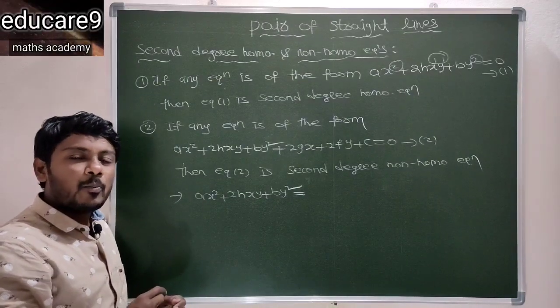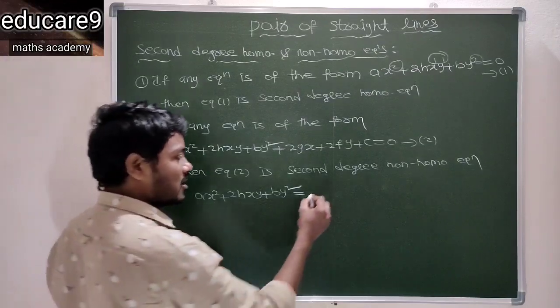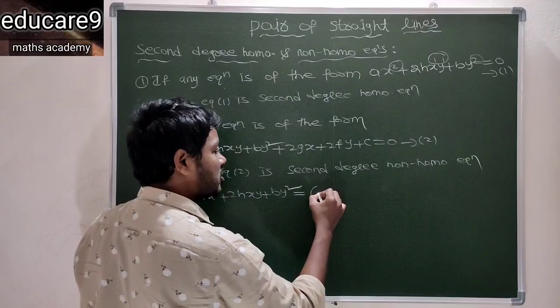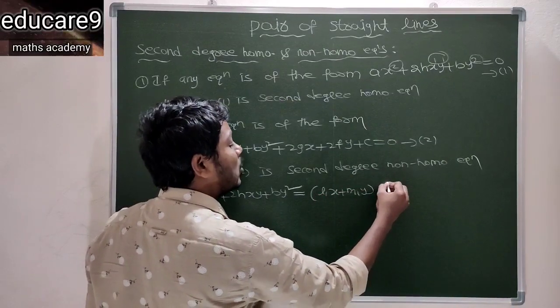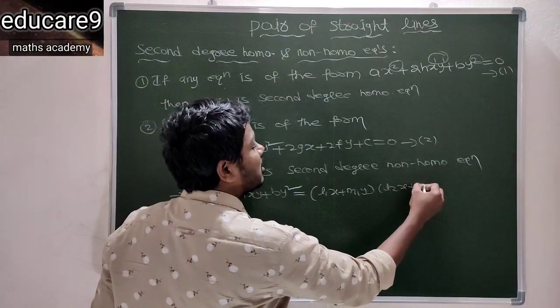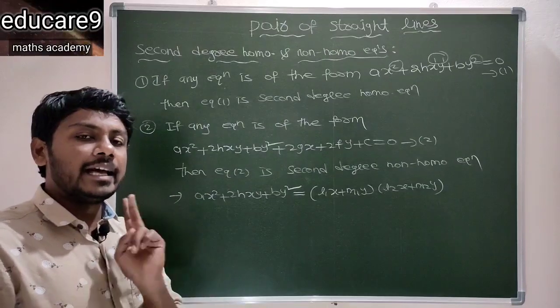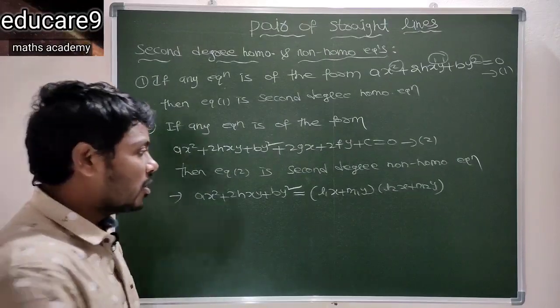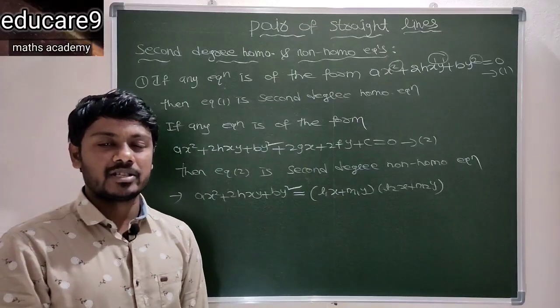So it represents the product of two linear homogeneous equations. So already we discussed this. Suppose that is some L1x plus M1y into L2x plus M2y. So you can consider any two linear homogeneous equations. Now the product of these two, you will get a second degree homogeneous equation. Okay.